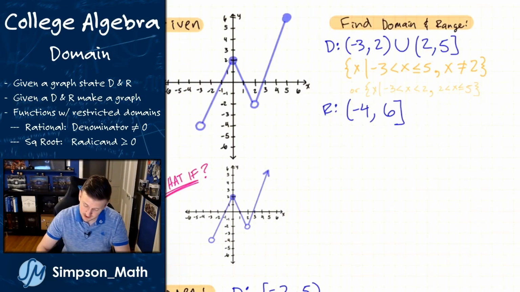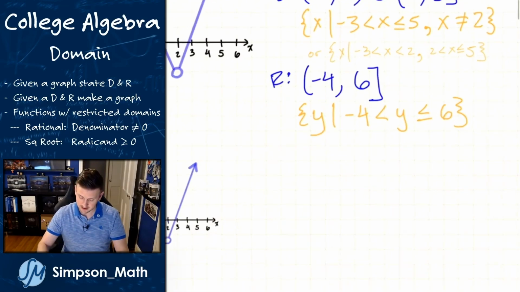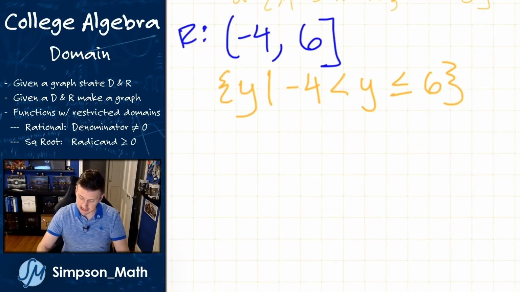Now for set notation, it's the set of y's such that, and we're going to do that same thing, -4 is less than y, which is less than or equal to 6, close my set bracket. Now let me explain this inequality. This is called a compound inequality. I'm saying y is greater than -4.